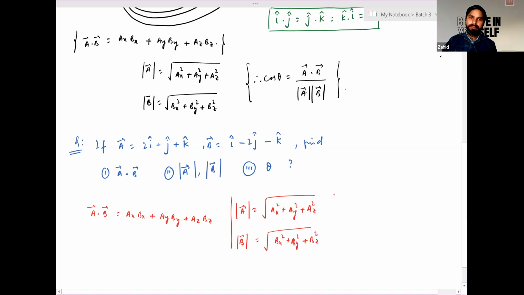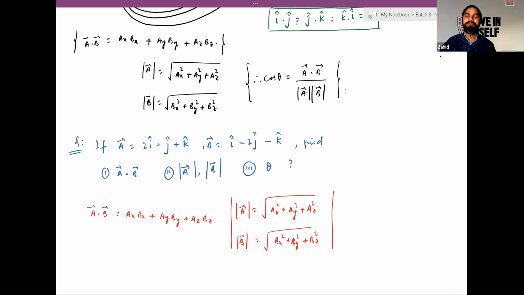And on solving them all, put all the values in cos theta and try to find theta.